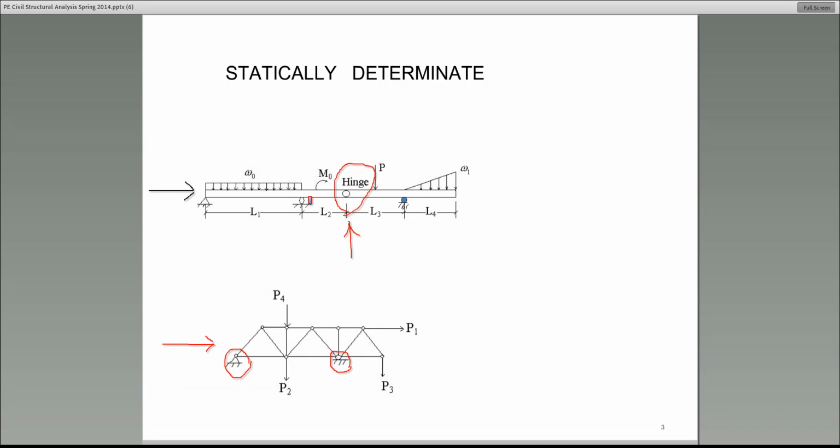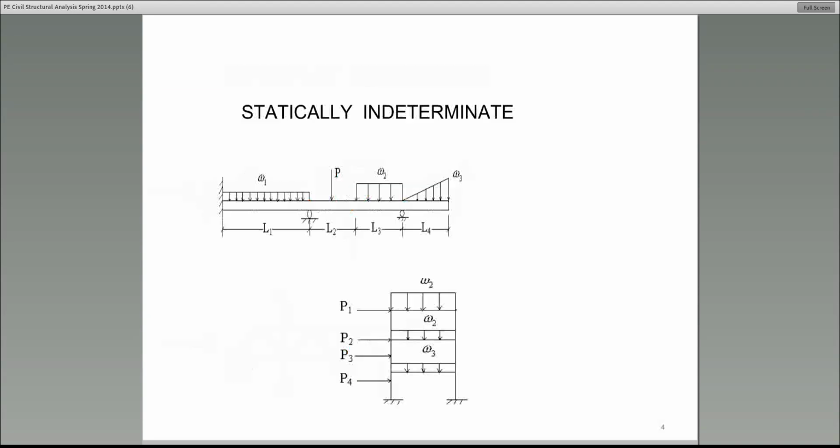So those two supports will give you three unknowns. And again, Matthew, how many equations of equilibrium do we have here for this truss? Since there are no internal hinges, we only have three equations of equilibrium. Therefore, three unknowns, three equations of equilibrium, that makes that structure determinate. All right, let's move on to the next slide.